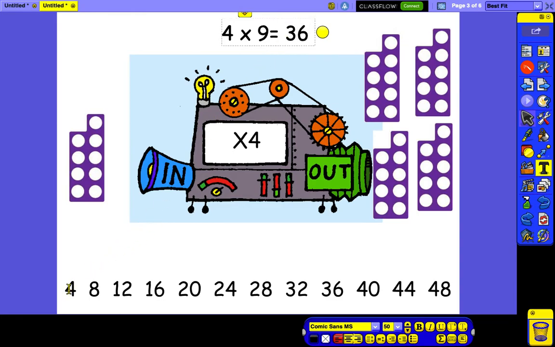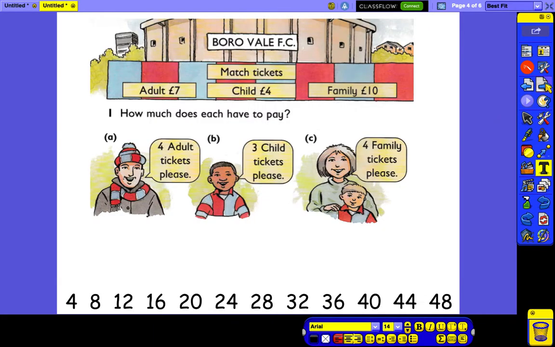We can check with our adding on by 4 multiple line. So I'm going to count on up to 9. So 1, 2, 3, 4, 5, 6, 7, 8, 9. 4 times 9 equals 36. And that's a good way to double check your answers. Now, make sure you know those off by heart. You can practice on Purple Mash and IXL.